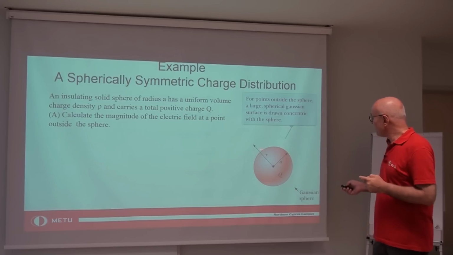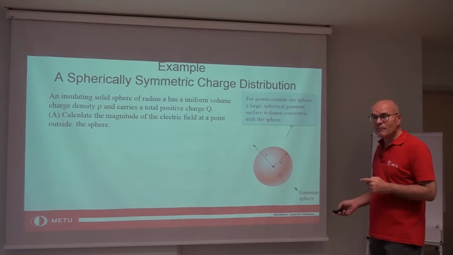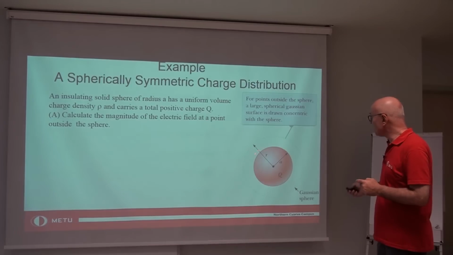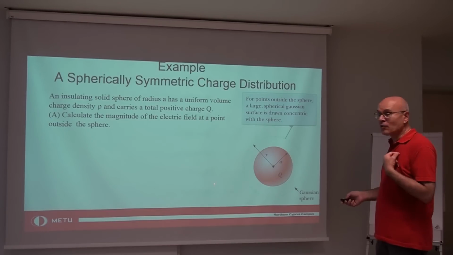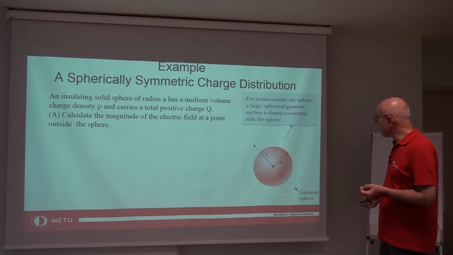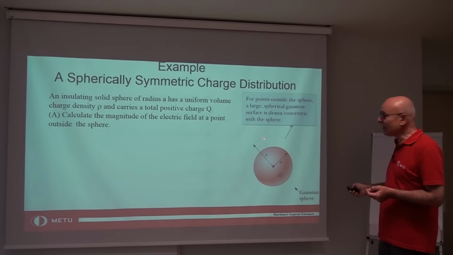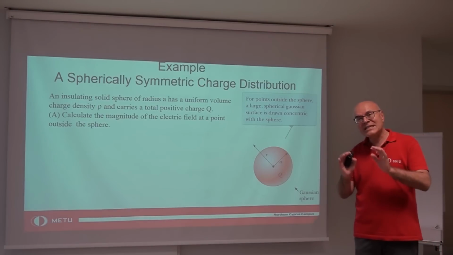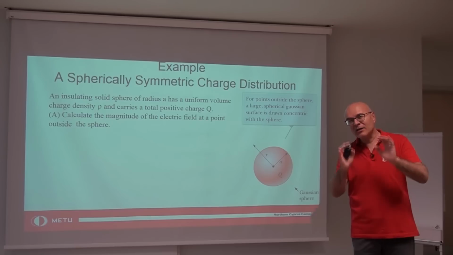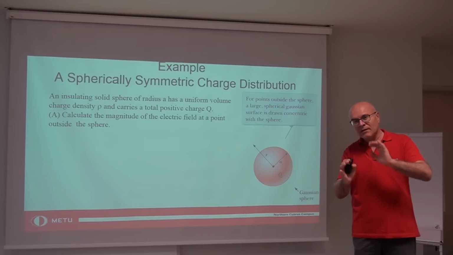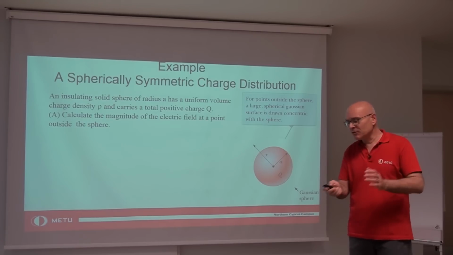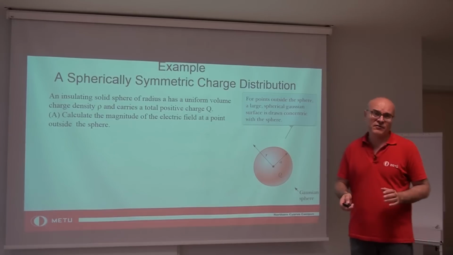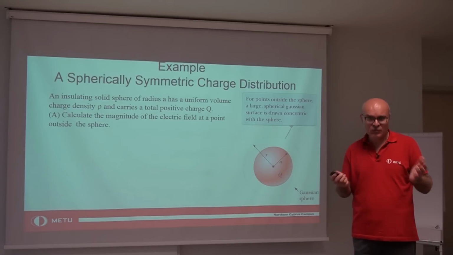Now, from the symmetry of the charge distribution, because it's uniformly distributed over this volume, I know that if I consider a spherical surface that is centered at the charge distribution, then as I move along this spherical surface and look at the charge, I always see the same charge environment, because the charge is uniformly distributed, from all points on the surface. You can agree on that.